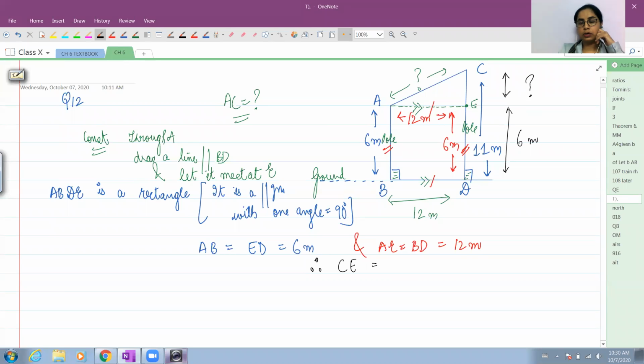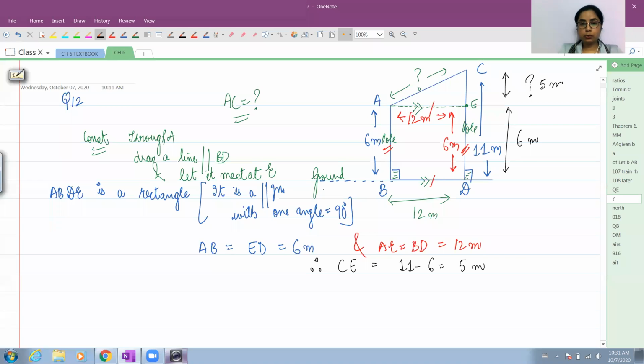Can anyone tell me what would be the length of CE? 4 meters. 11 minus 6. And 5 meters. 5 meters, right? This will be 5 meters. You can indicate this in the figure as well. Now, all this is not necessary to be written. Whatever I've written here, the measures of the sides, you can directly mark in the diagram rather than writing all this here the way I've written. You can simply mark it in your picture.